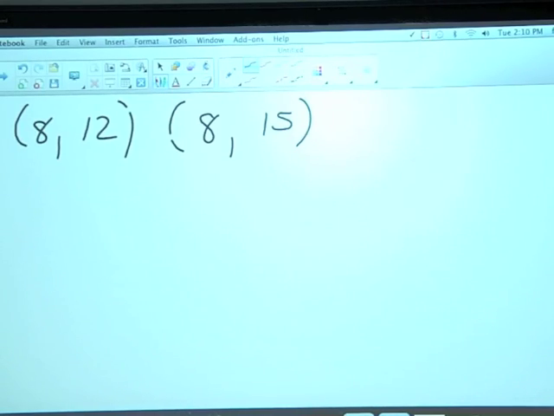You cannot divide by 0. Okay? This one would be undefined.